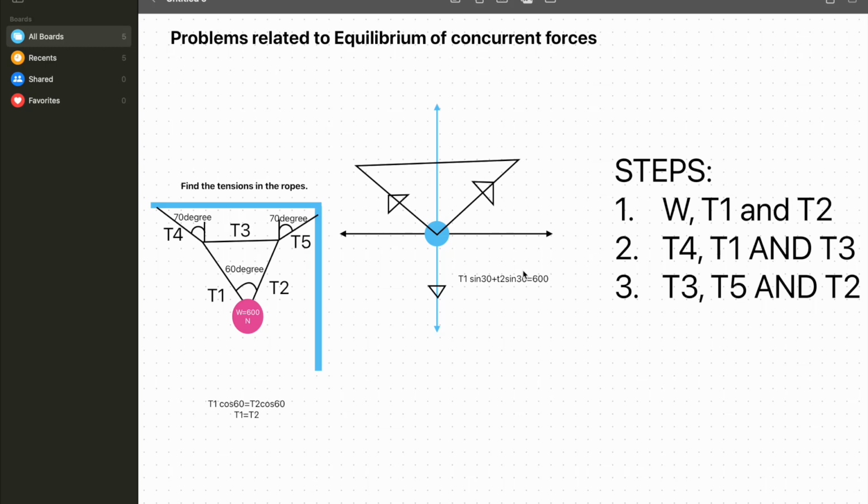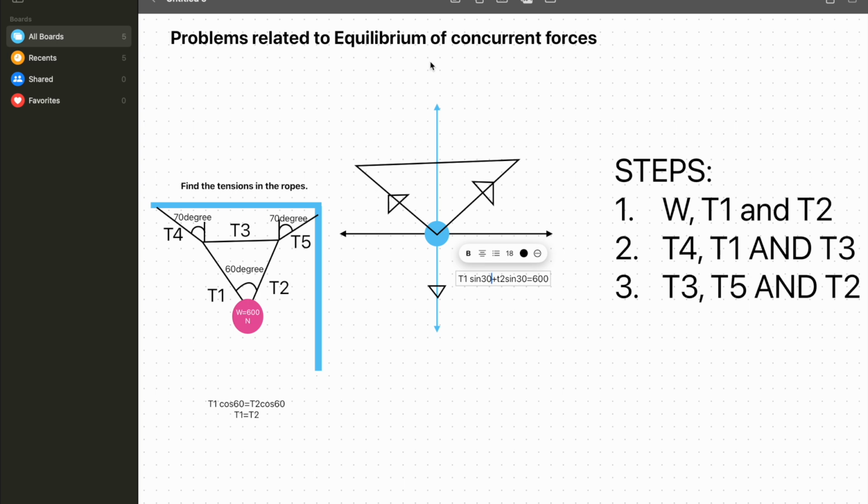okay, I think I've done something wrong. Oh no, sorry, it's not sine 30, it is sine 60 actually.